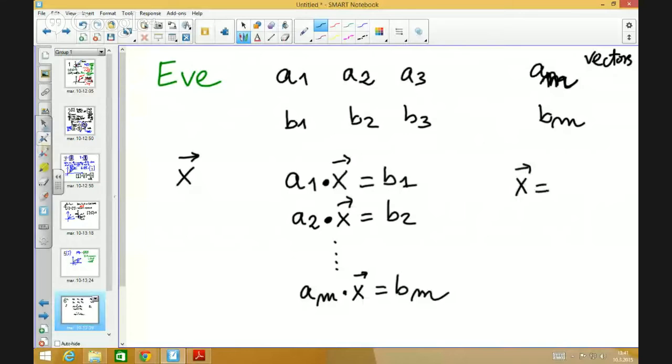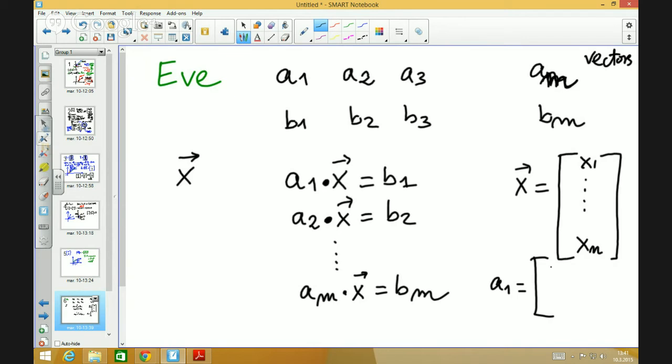Your vector X here is some n-dimensional vector of unknowns. So what happens if I do the dot product, say A1, where A1 is A11 to A1n, of this vector with X?